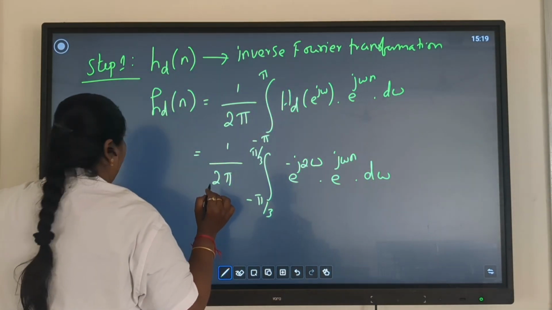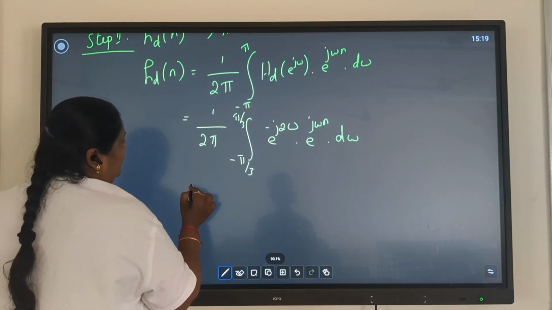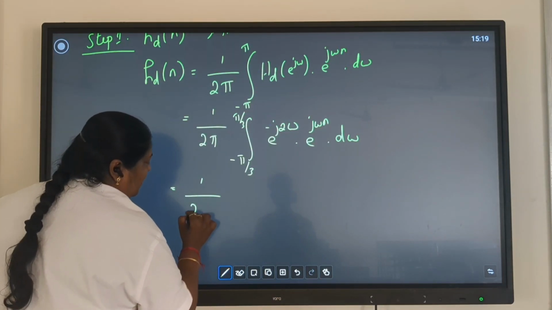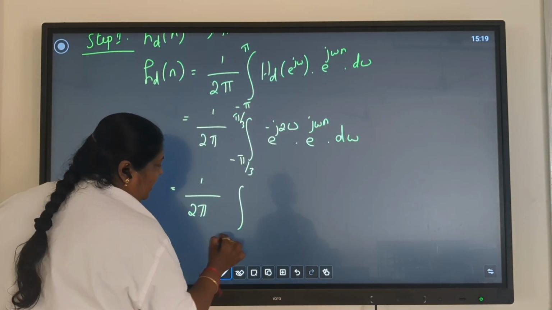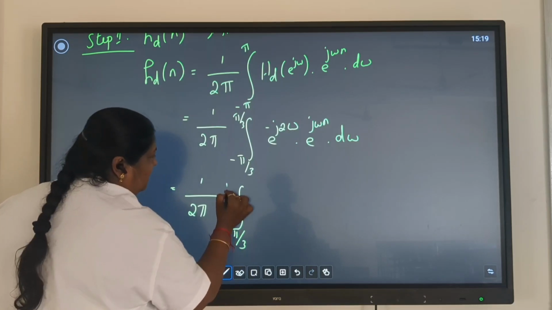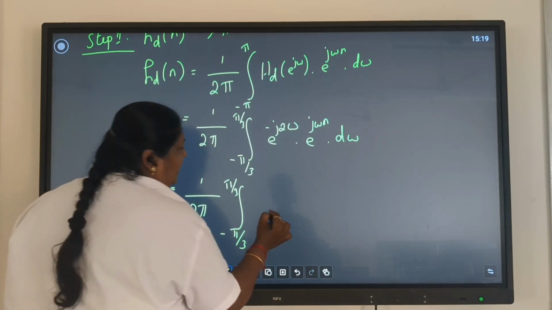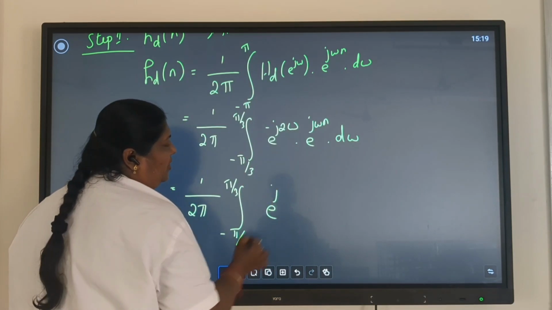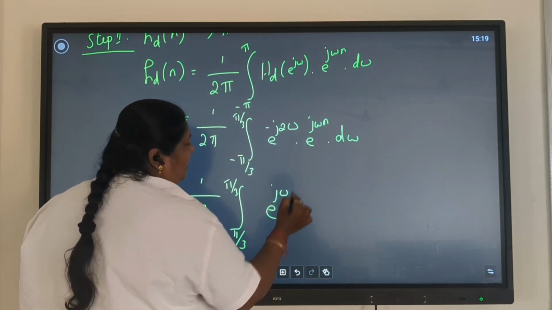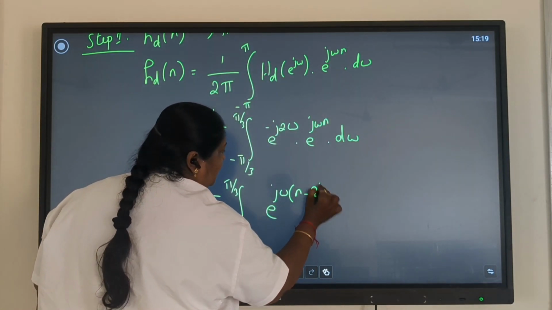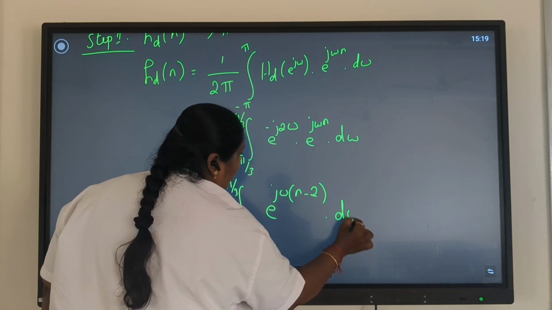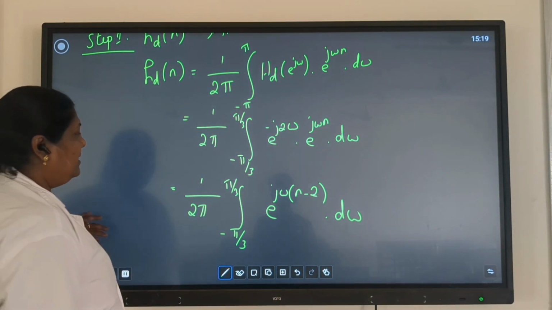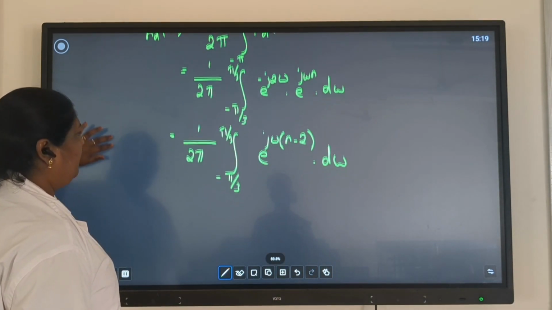Now I can further simplify: 1 by 2 pi integral from minus pi by 3 to plus pi by 3 e power j, I can take it commonly, omega into n minus 2 d omega. Now we are going to integrate this with respect to omega.